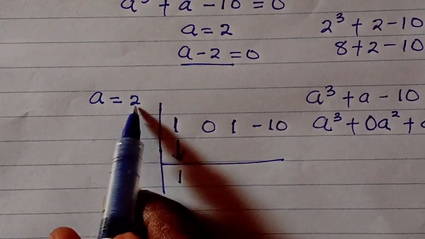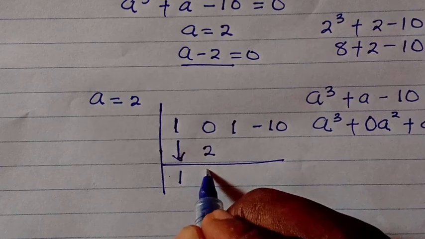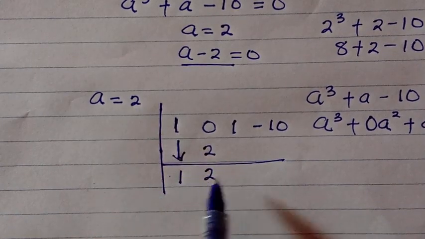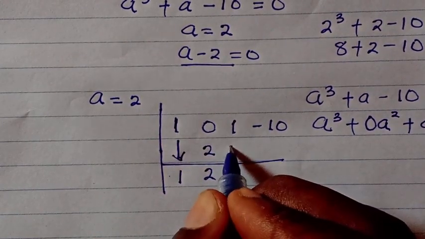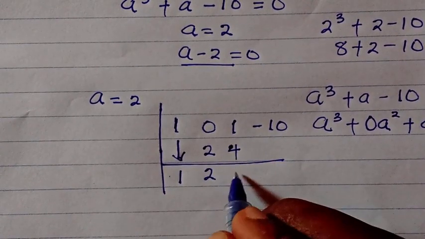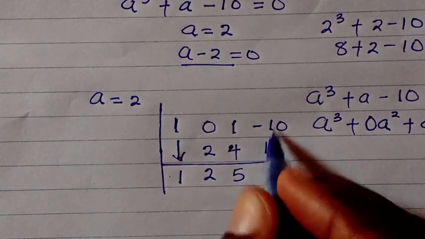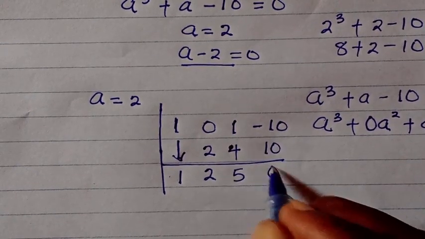When we multiply 1 by 2, we have 2, and the addition of this is 2. So 2 multiplied by 2 is 4, and 1 plus 4 is 5. So 2 multiplied by 5 is 10, and 10 minus 10 is 0.